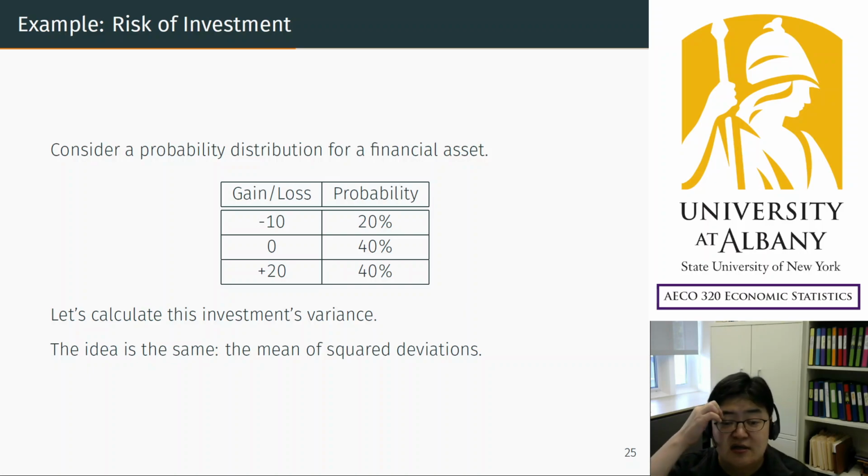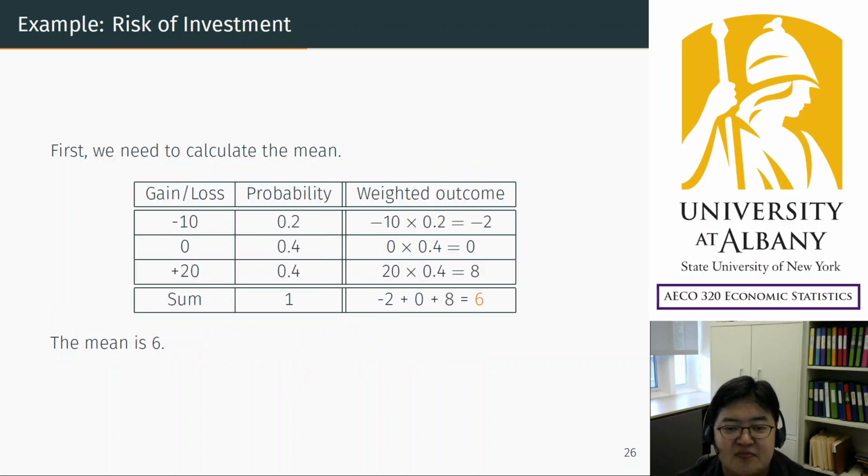Let's calculate the variance of this asset. And the idea is the same. We are going to calculate the mean of squared deviations. So we will calculate deviations and then square and then take the mean, right? It's a little bit more complicated, so pay more attention.